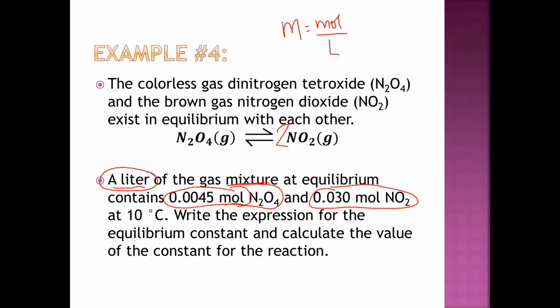I hope I don't trick anybody, but you should just plug the numbers in. So in our equation, we're going to be careful and plug the NO2, the 0.030, on top, because NO2 we put on top, and the 0.0045 on the bottom, because that's where we put the N2O4.